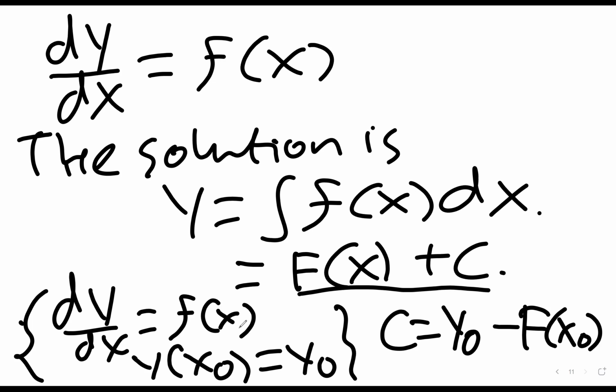Similarly, if this is a third derivative, then just look for the second derivative first, and then the first derivative, and then the function y solution. And of course, in that case, if you want to consider a particular solution, then you have to know more information, for example, the value of the function at a certain point, the value of the derivative at a certain point, and so on.